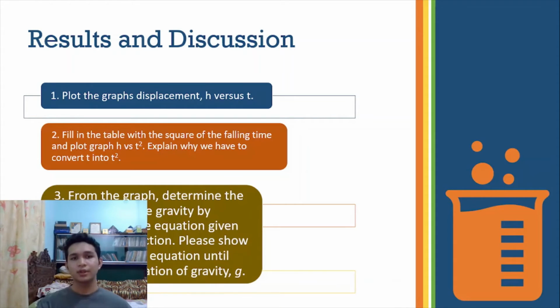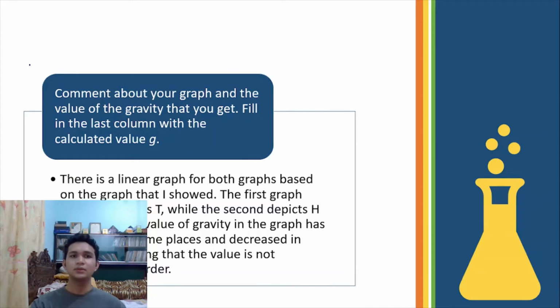Third, from the graph, determine the magnitude of gravity by manipulating the equation given in the theory section. Please show the alteration of the equation until you get the equation of gravity. Next is the comment about our graph and the value of gravity that we get. Fill in the last column with the calculated value of g.